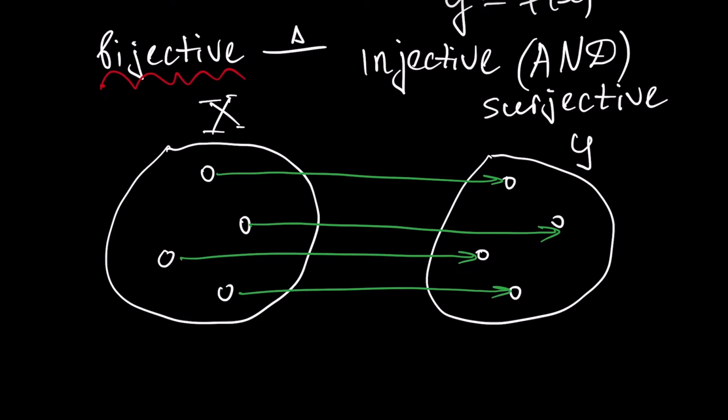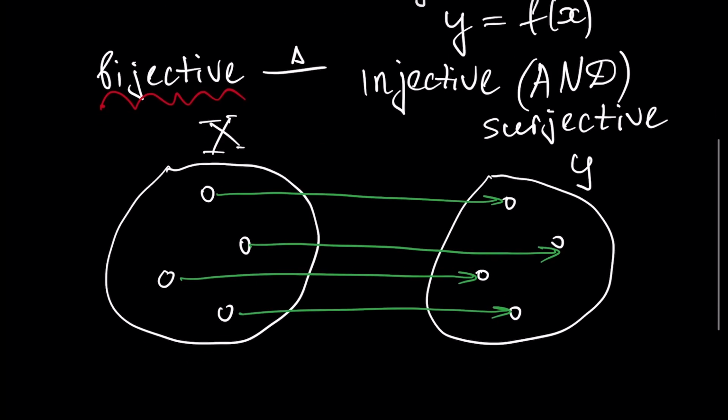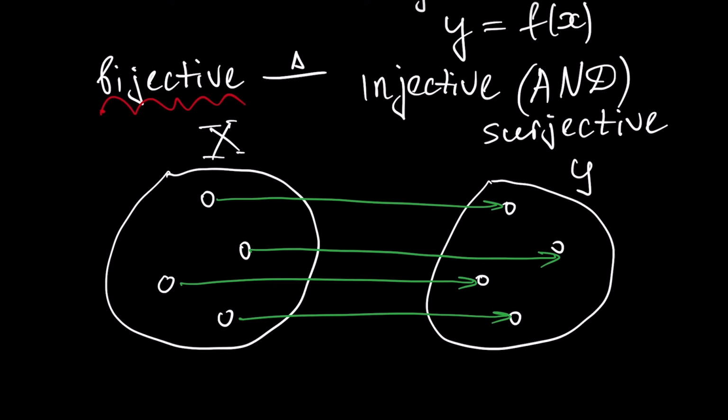Because if we do not have one-to-one correspondence, for example, if one element is mapped into two elements, this is not a function. This mapping is called bijective, and as I said, this is one-to-one correspondence. And we do not have a situation when two elements, this element and this element, are mapped into one element.